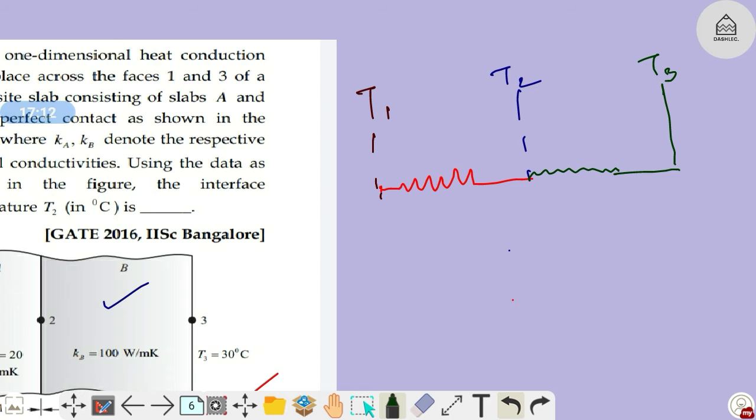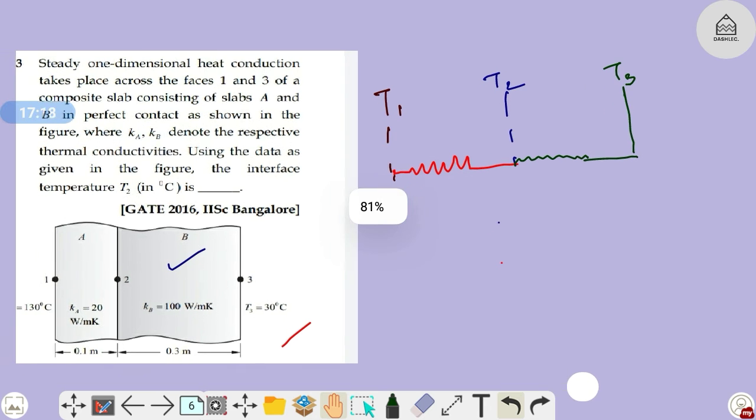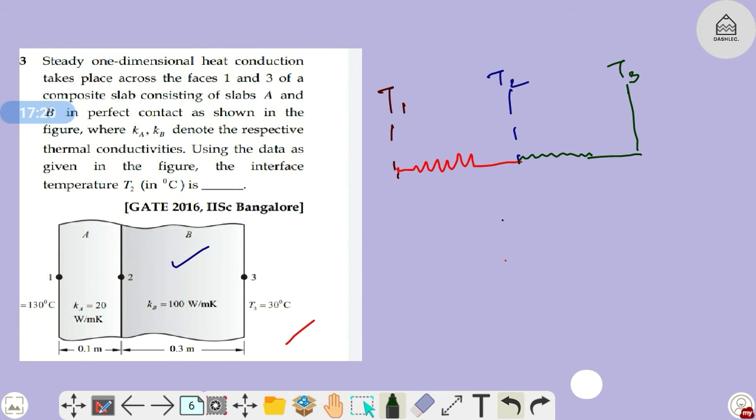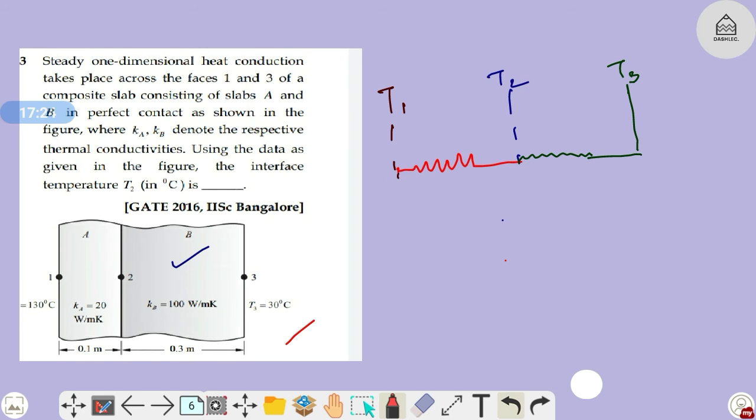So can I write the conductive resistance of slab A? That is L by KA. L is 0.1 meter for slab A, 0.1 divided by K. K is given, that is 20, into A.